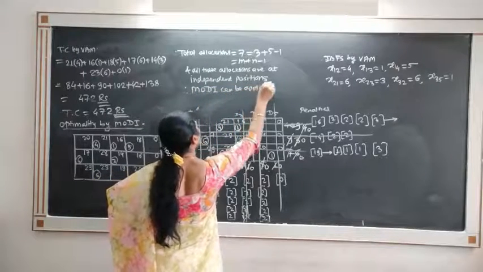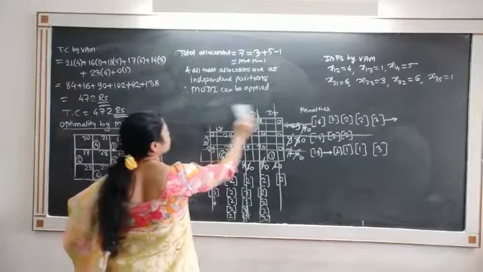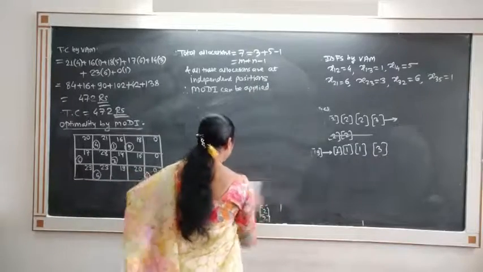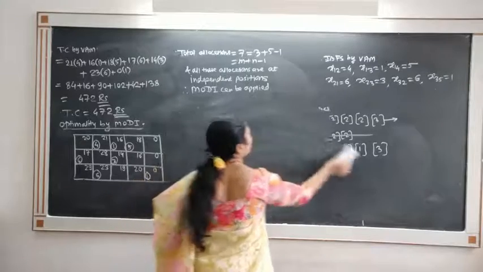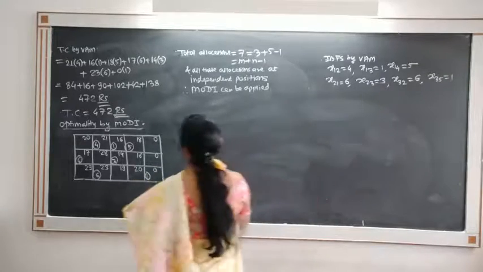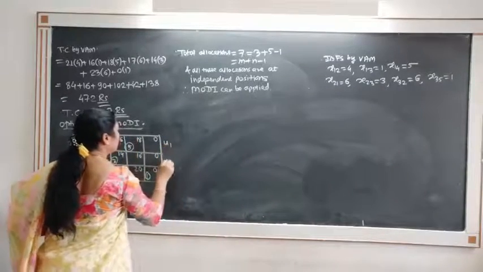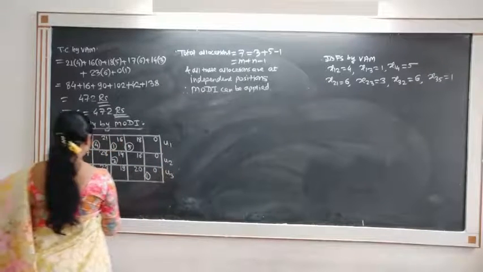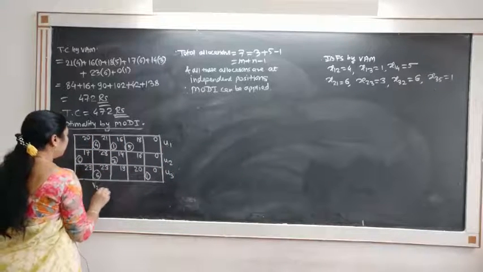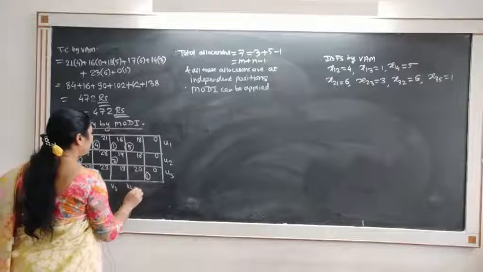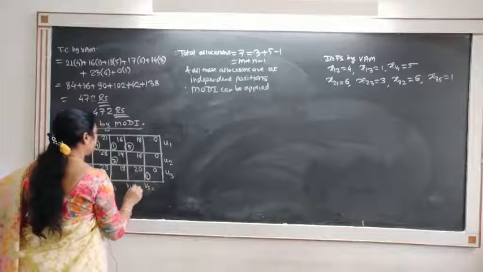So firstly find the multipliers. Find multipliers u1, u2, u3, v1, v2, v3, v4, v5.